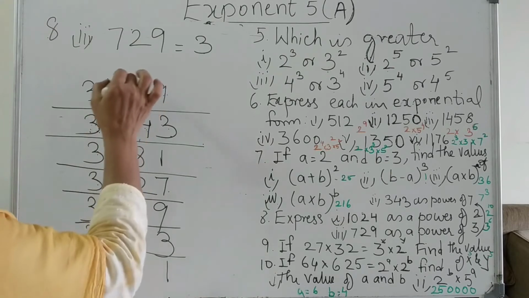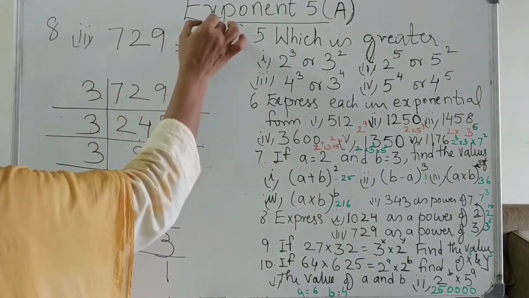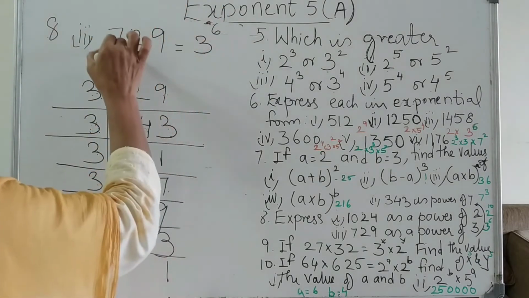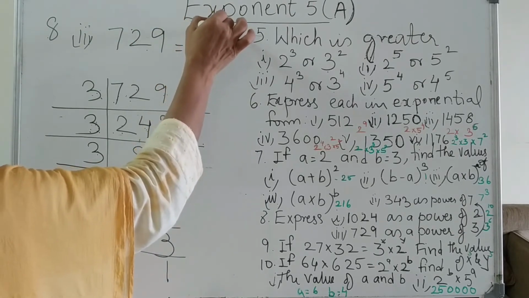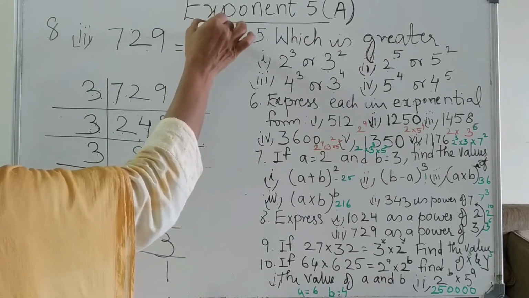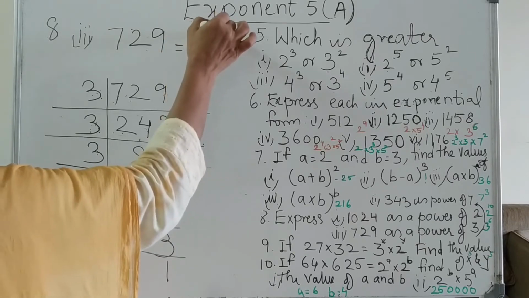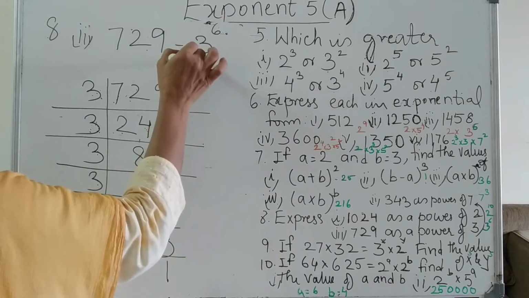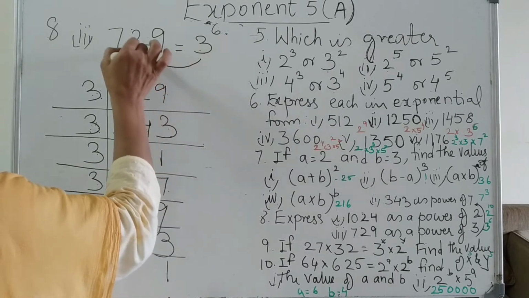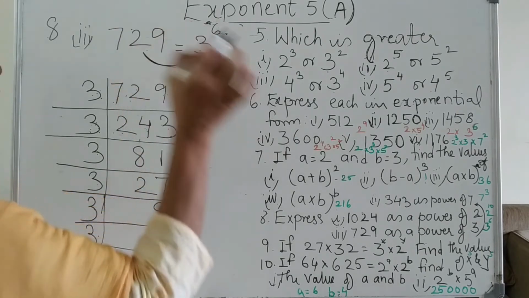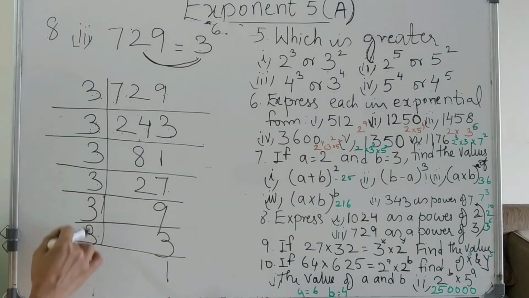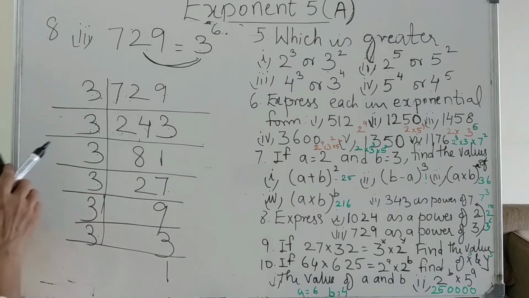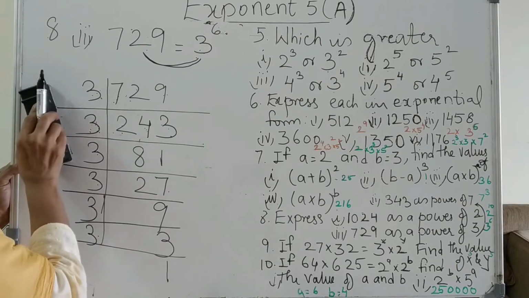So you multiply 3 6 times, you get 729. So the exponent is 6. The base is 3, the exponent is 6, and when you multiply 3 6 times, you get 729. So this is the third sum. This is how you can do vertical factorization.